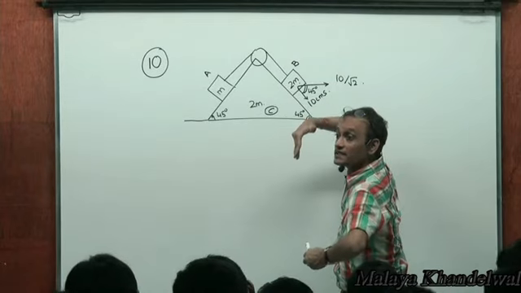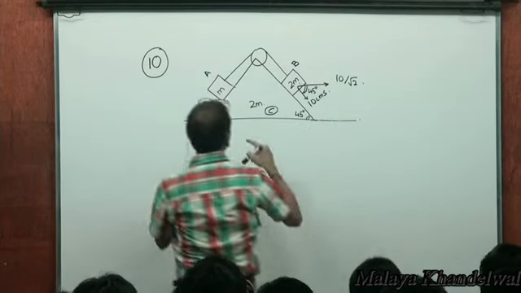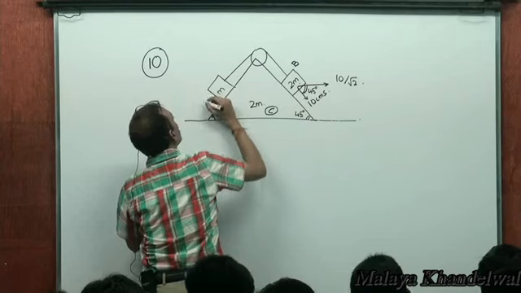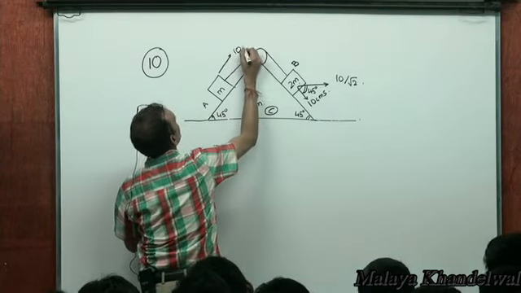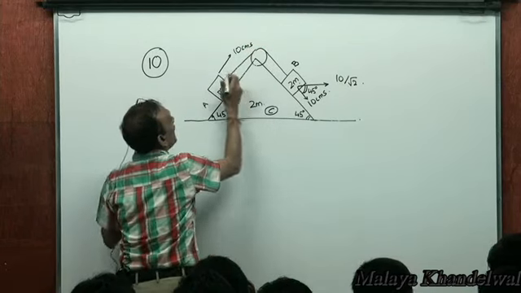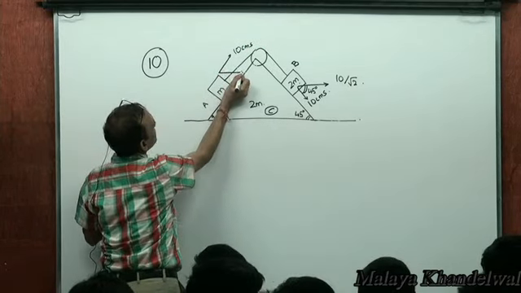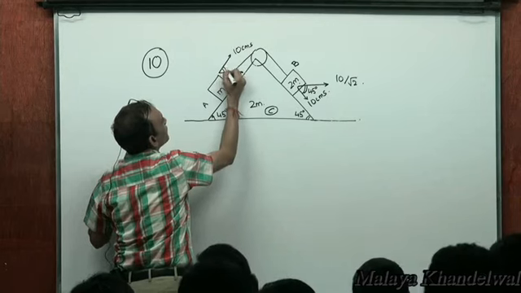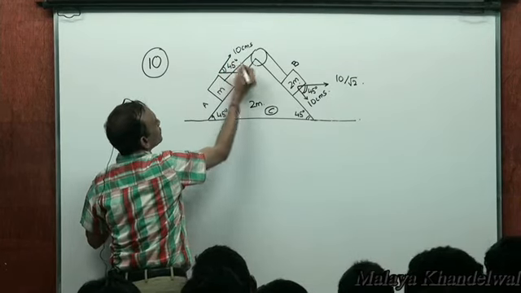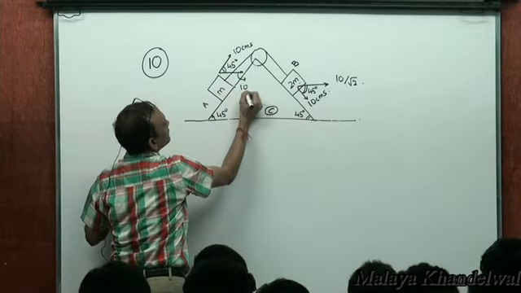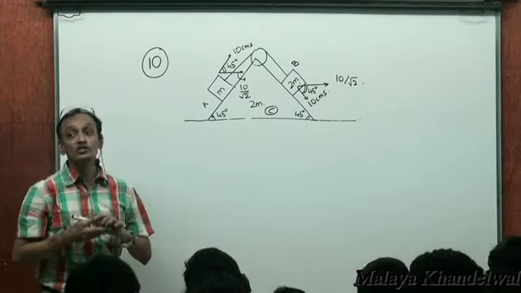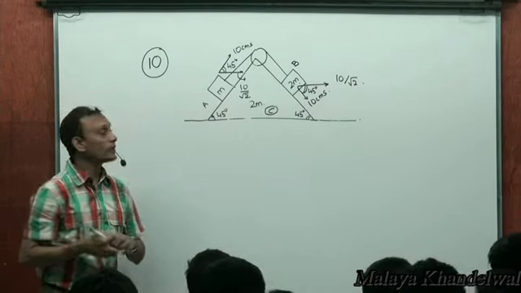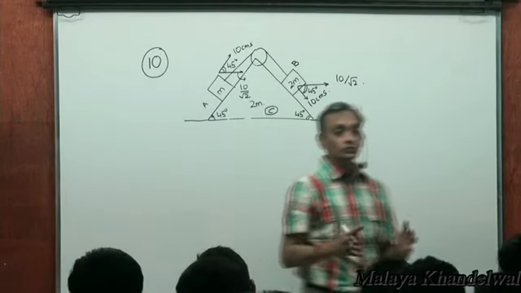Now, block A would have moved up 10 centimeters, right? And the horizontal displacement of block A, also at 45 degrees, would have been 10 by root 2, 10 cos 45 degrees. Yes or no?